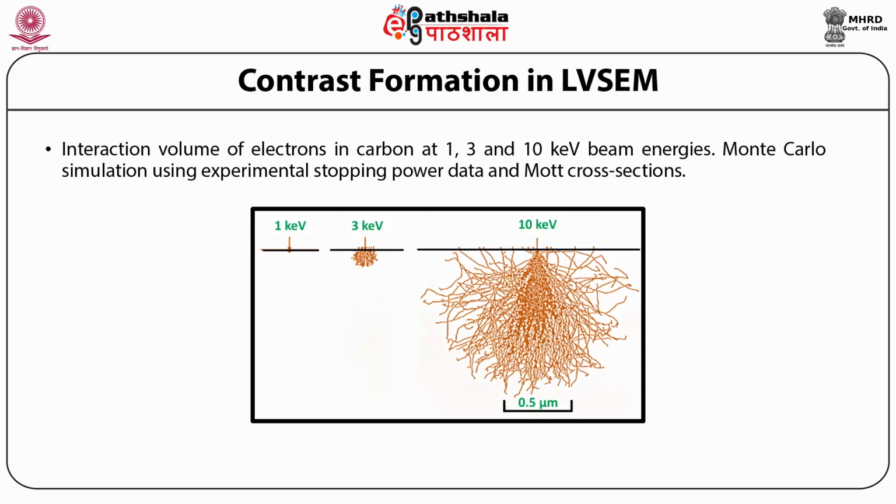At high beam energies, more secondary electrons are emitted so that the beam penetration contrast, the topographic contrast, and the detector efficiency contrast all contribute to the SEM image, and a face tilted towards the detector is bright because the detector collects most of the secondary electrons. Also, the face tilted away from the detector emits more secondary electrons than at normal incidence, but a smaller fraction is collected by the detector.